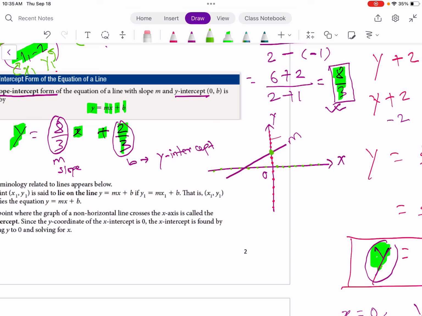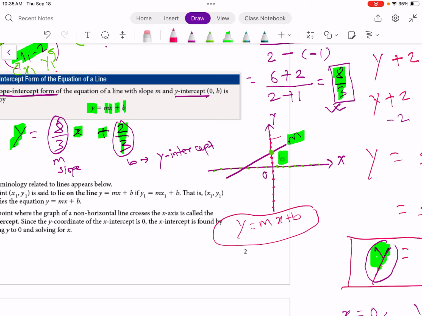The distance of this point from the origin is b. We use b to denote it, so b is the y-intercept. So if we have a slope m and a y-intercept b, then the equation of a line is y equals mx plus b.